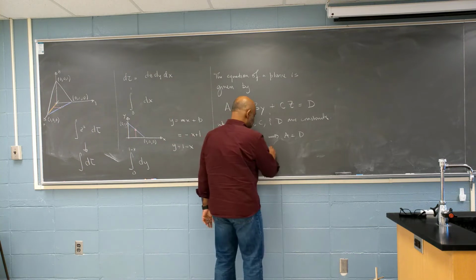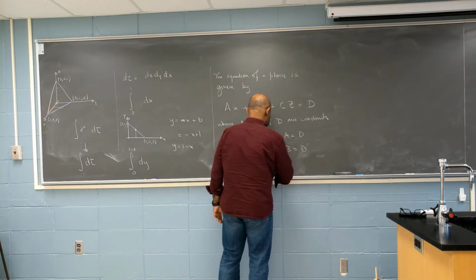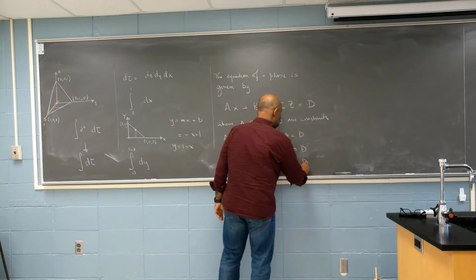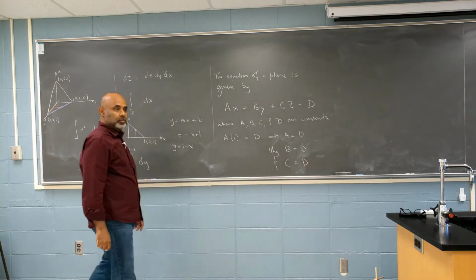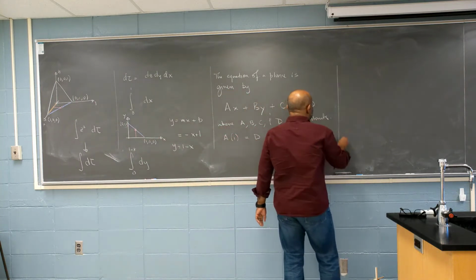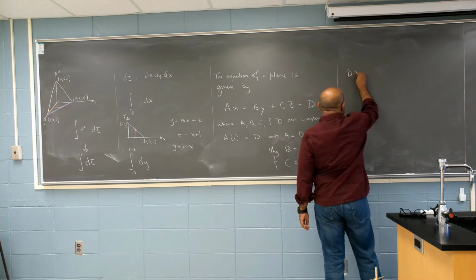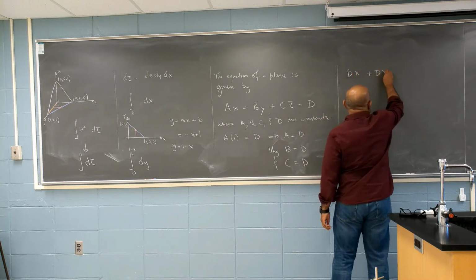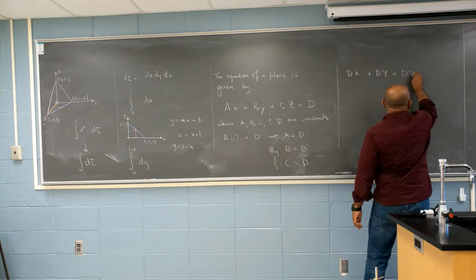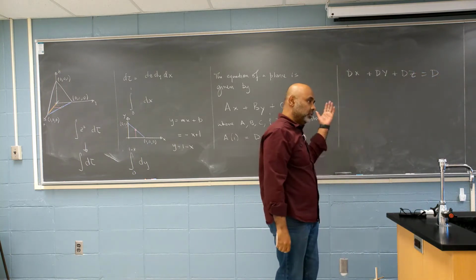Similarly, what do you have from the other one? I can do slightly better. So I write it as DX. I'm going to pick everything to be D: Dx plus Dy plus Dz equals D. That's too many D's.